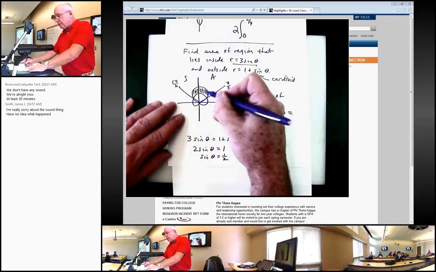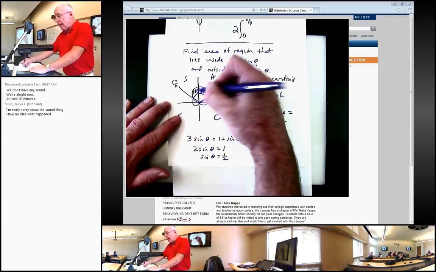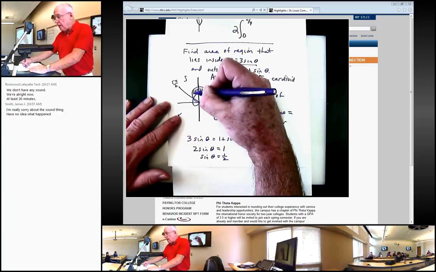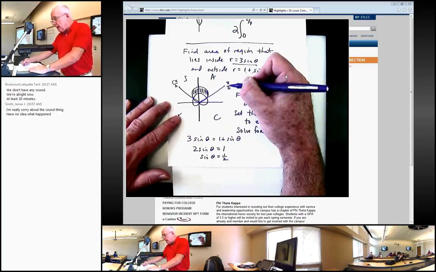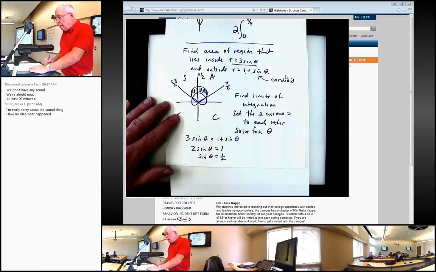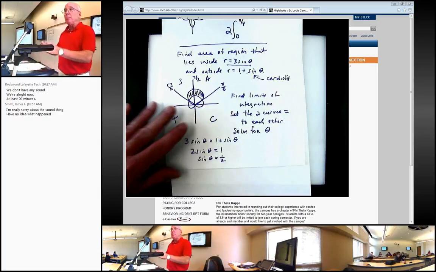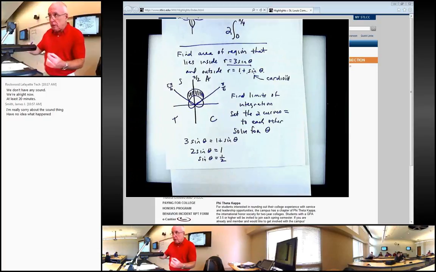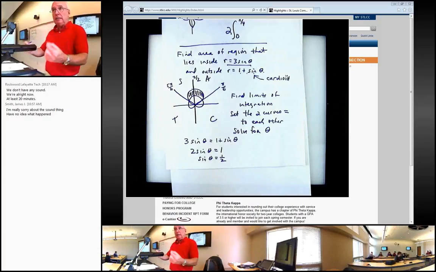In other words, there's as much area here as there is here. I could have just gone from pi over 6 to pi over 2, but if I did that, I would have to multiply in front by a 2, all right? So I could have changed my limits of integration, because pi over 2 is always easier than 5 pi over 6.